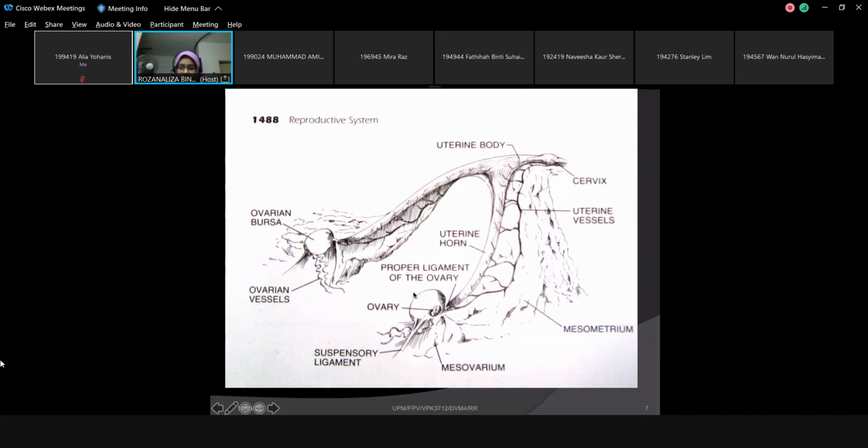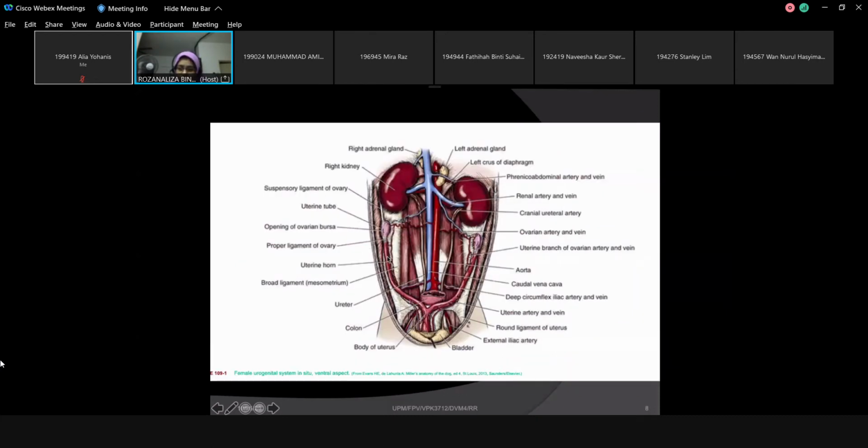What is very important here, not sure whether you can see clearly or not, but take note that there are differences between the right ovarian vessel and left ovarian vessel. The difference is that your left ovarian vein actually branches out from your renal vein.